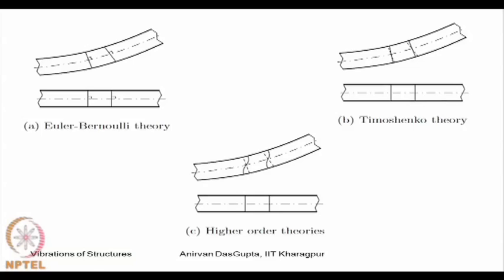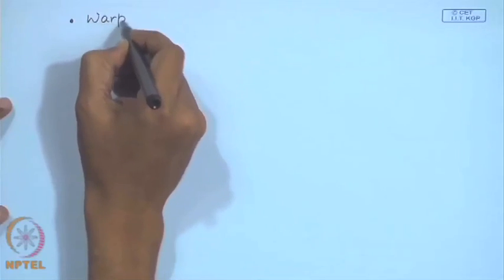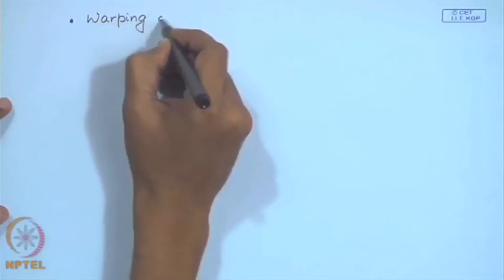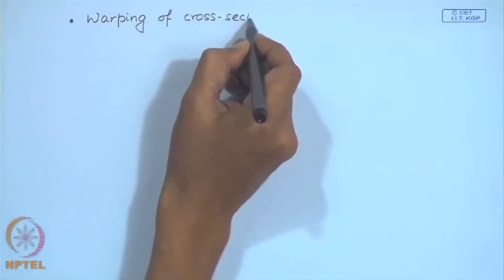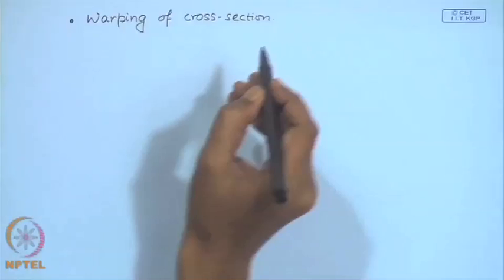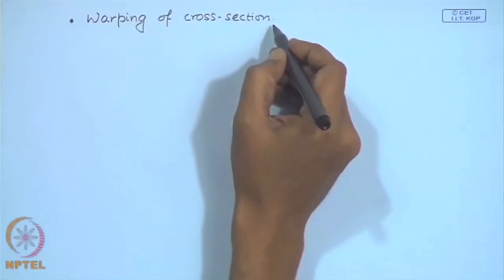If you want to have higher order theories for the deflection or vibration of beams, then you have to relax this flatness condition of the cross section. So, we introduce the warping of the cross section.